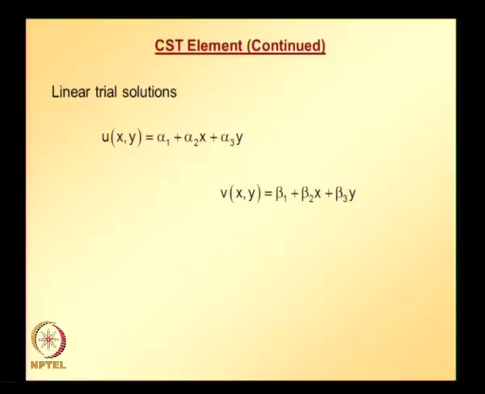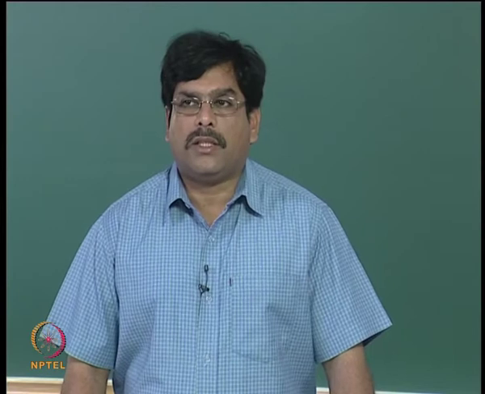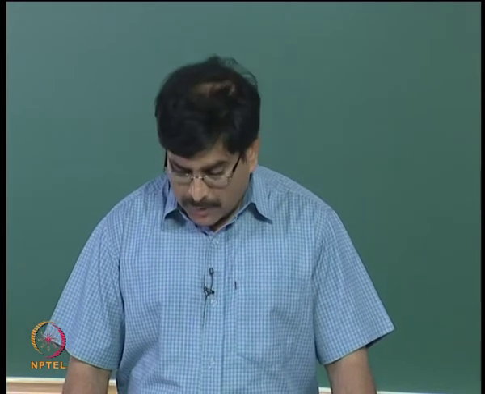So, following similar logic, we can express u, which is displacement in the x direction, like this. Similarly, displacement in the y direction like this, where alphas and betas are unknown parameters or coefficients, similar to a naught, a 1, a 2 you have seen earlier when we were deriving shape functions for linear triangular elements starting with a linear polynomial.